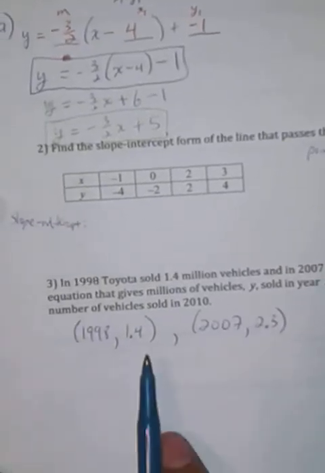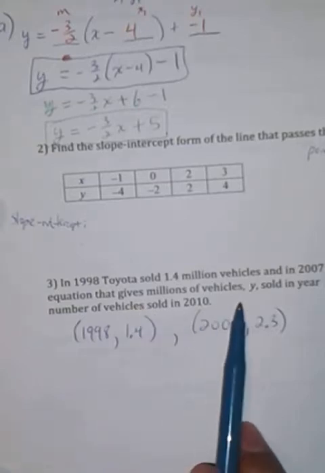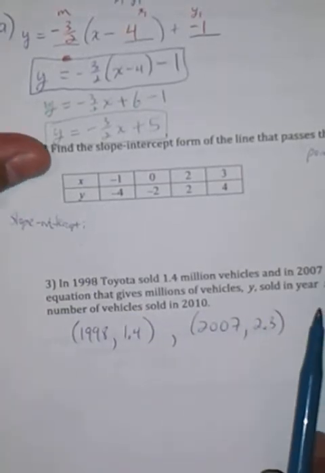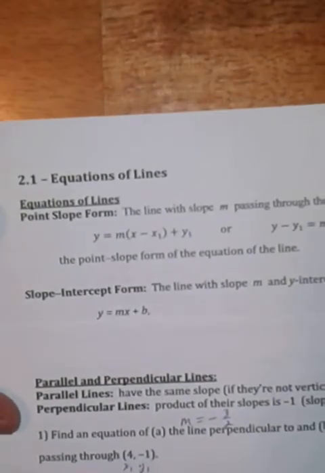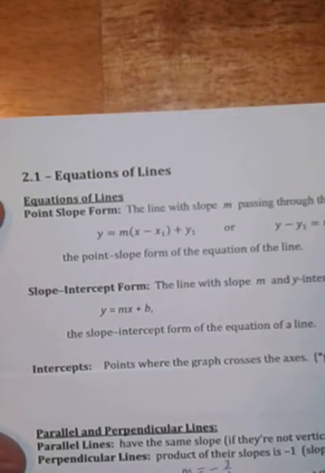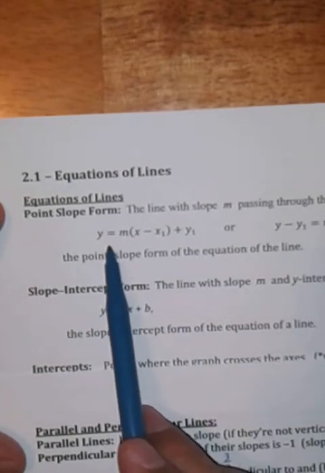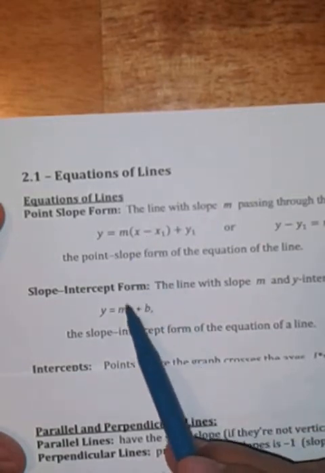So we have the 2 points, and they've asked us to write a linear equation that gives millions of vehicles sold Y in year X. Really they're just asking us to write a linear equation. They're kind of pointing to us writing it as Y equals, but you can write Y equals with either of these.